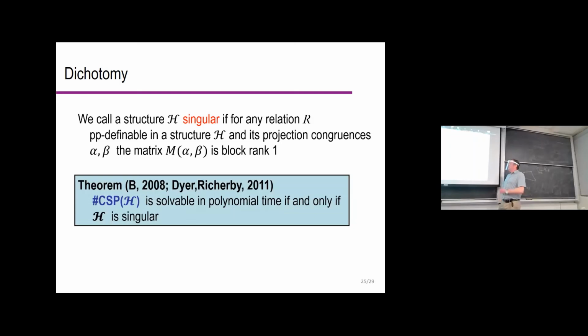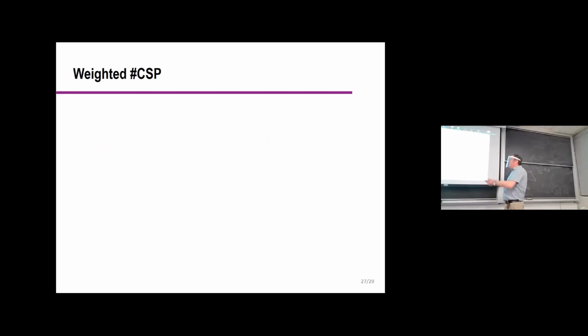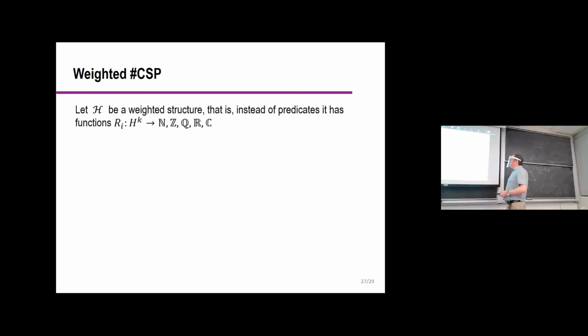So somehow the complexity of the problem is determined by ranks of matrices that are constructed in this way. Okay, so a few comments on whatever remains of this problem.